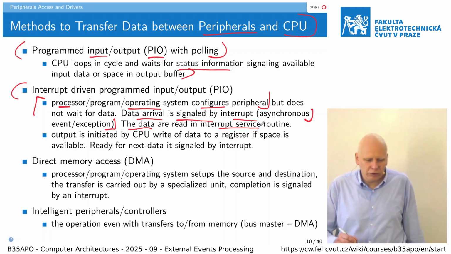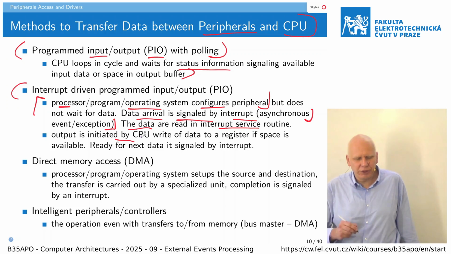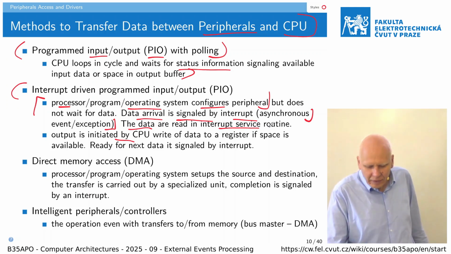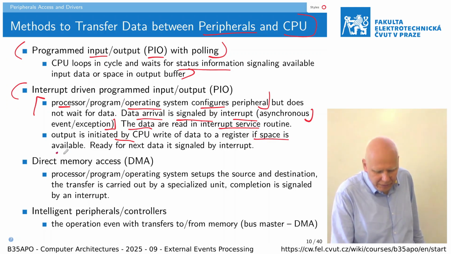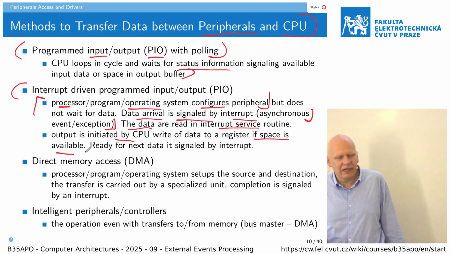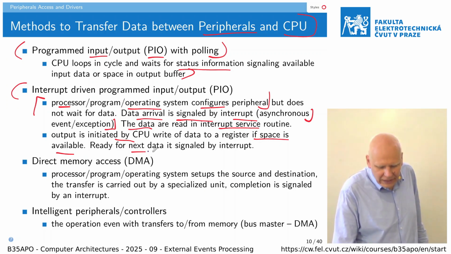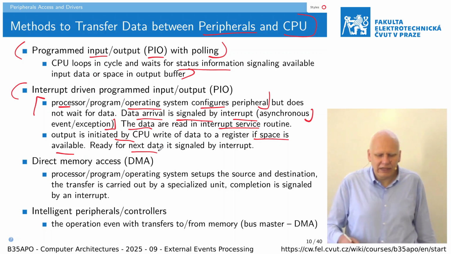Or for the output, it is usually initialized by the CPU, which writes some first data into the peripheral register, but only if there is space available. If there is no space available, then there is a setup, again, for a notification which notifies the processor when there is space for the next data in the peripheral.